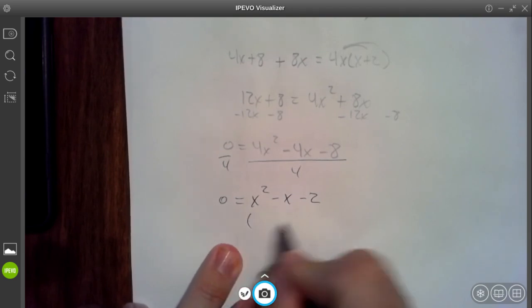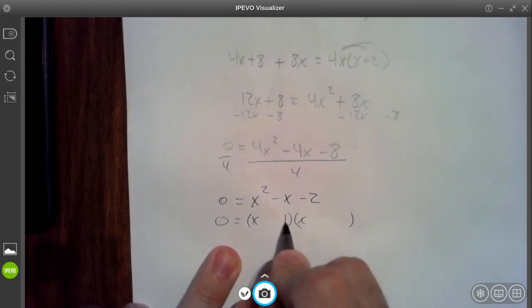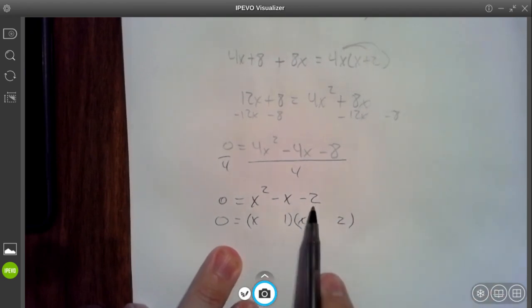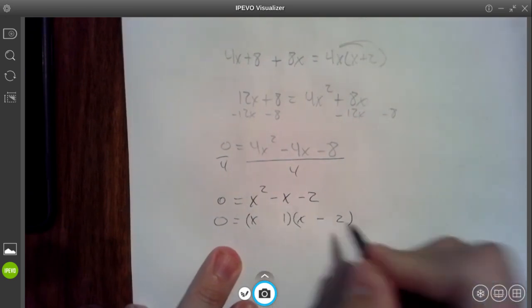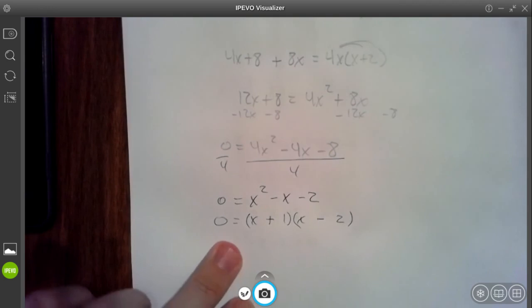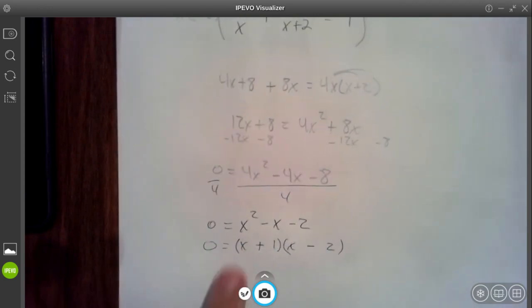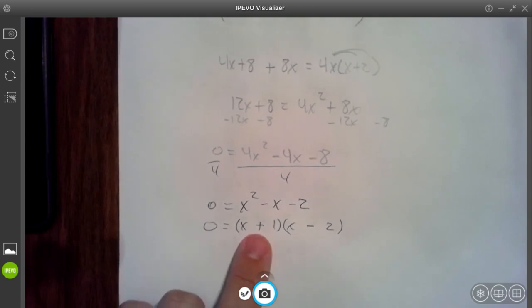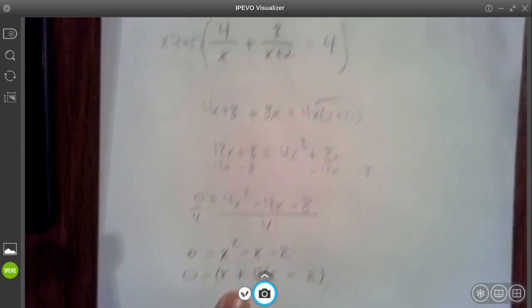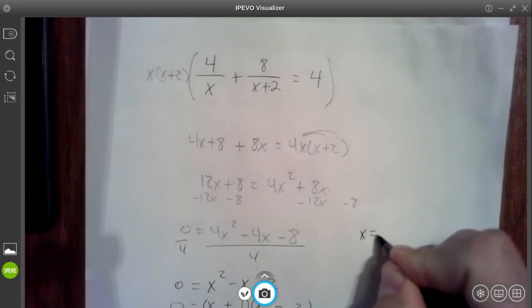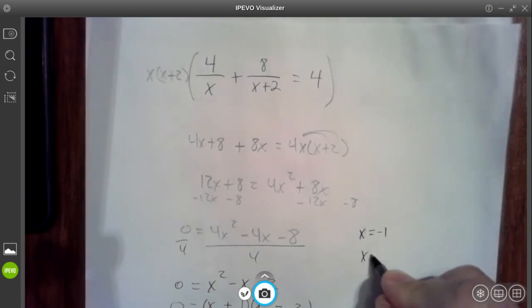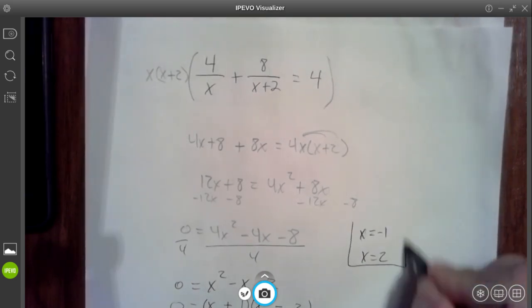Then we can solve it by factoring this quadratic. x and an x. This has got to be a 1 times 2 in order to give me a 2, and the 2 needs to be negative. So your answers for this equation are going to be x is equal to negative 1, and x is equal to positive 2.